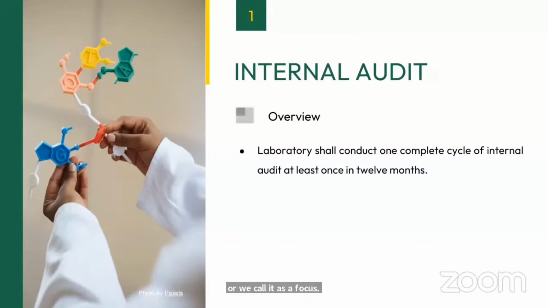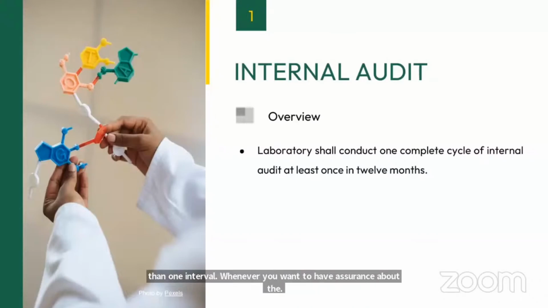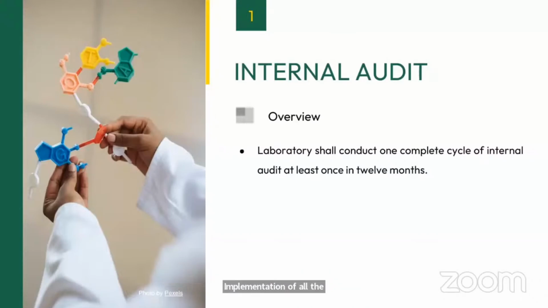Those audits will be based particularly on those areas or aspects only. So you may have more than one internal audit whenever you want assurance about the implementation of all the activities and all the procedures in your laboratory. As far as these guidelines are concerned, it mentions that at least one internal audit should be conducted once in a 12 month period.